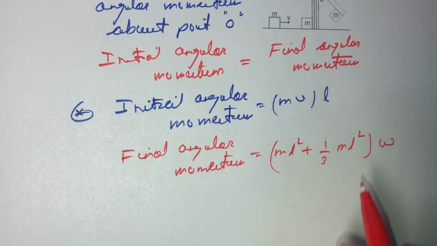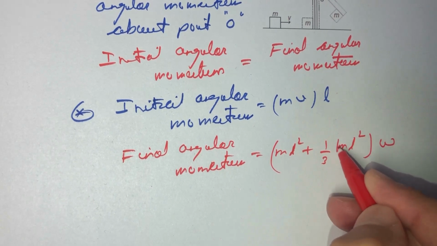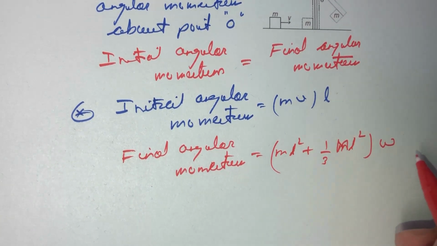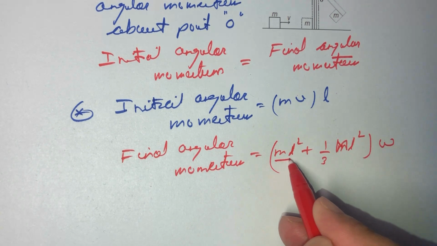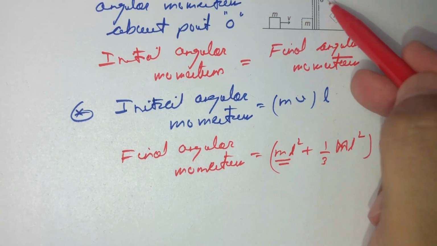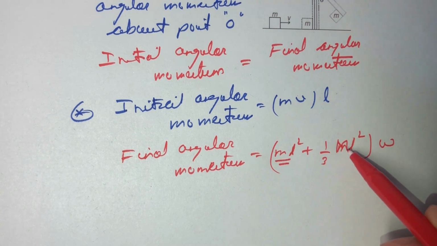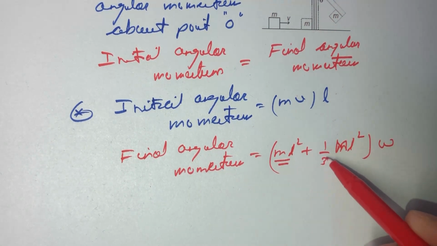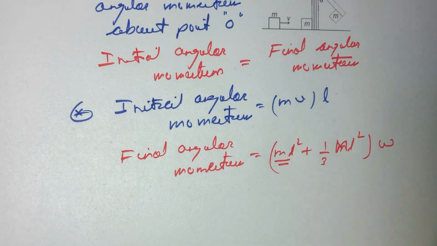Here capital M is the mass of the rod. The first part is the angular momentum because of the mass m, and the angular momentum because of the rod is 1 by 3 M L square multiplied by omega, the angular velocity.